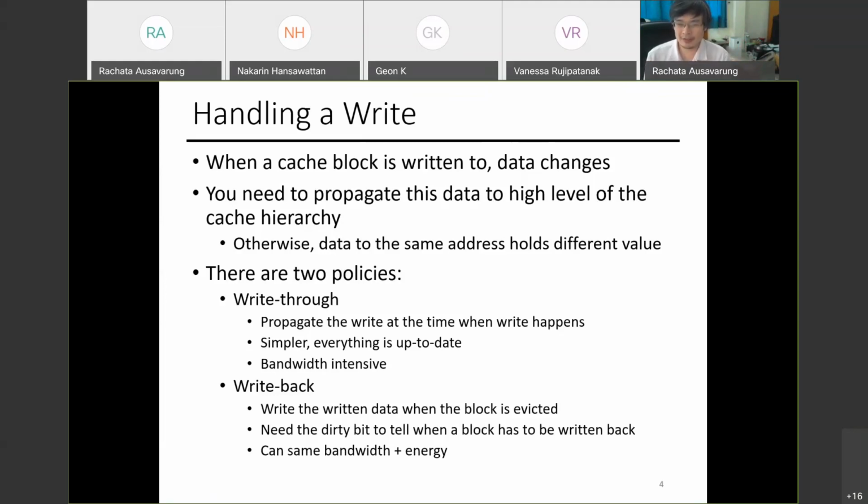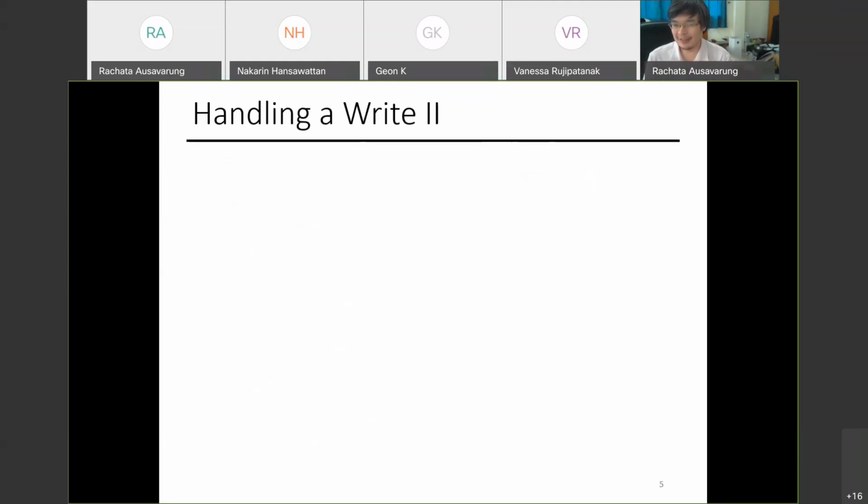We're going to cover that in a computer architecture class. It's a little bit more involved, and it can be a little bit more confusing because it has different policies. But right now, you just need to be aware that if I modify my data, I want to make sure that this new data is propagated into the main memory.